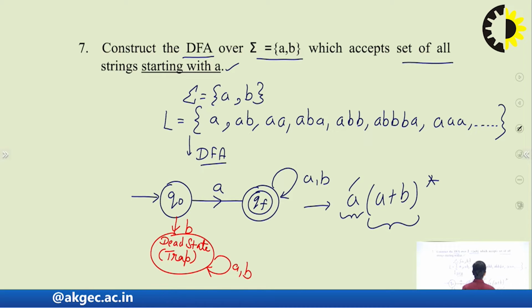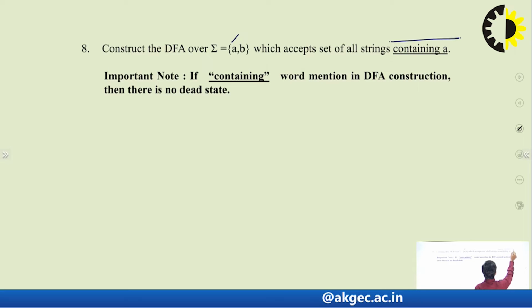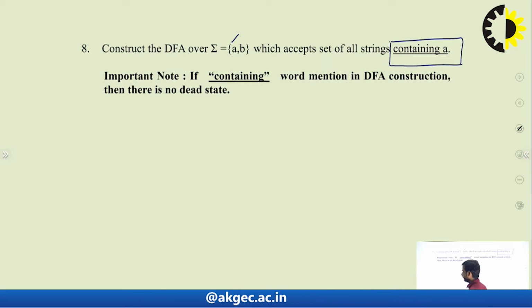Now the next question: construct the DFA over sigma equal to {a, b} which accepts the set of all strings containing a. This is very important, containing a. Many questions are asked on this pattern, so make a note of it.